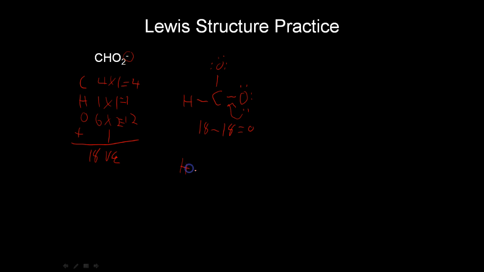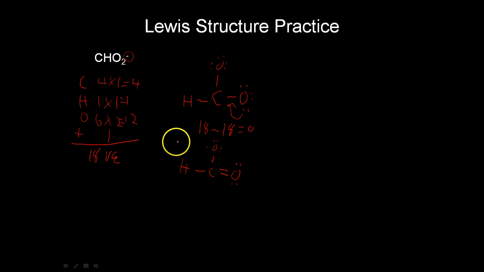We go hydrogen, carbon, oxygen with six dots, double bond, oxygen with four dots. Now we have an octet around every atom. Of course, hydrogen doesn't get an octet. We have a Lewis structure that we like.